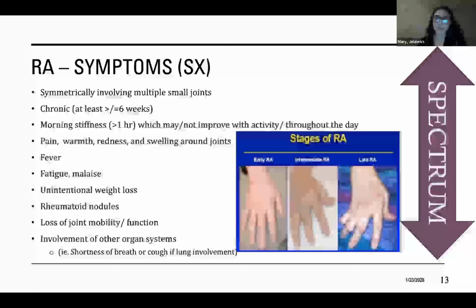And as the disease progresses, you see multiple small joints involved, deformities, and laxity around the joint space, again because of all that tugging and inflammation going on, and it causes joint destruction, which brings you into later stage disease, especially if left untreated. You do see these knobs, these rheumatoid nodules. You see subluxation, again because functionality is now being infringed on. And you see just complete loss of function in the joints.